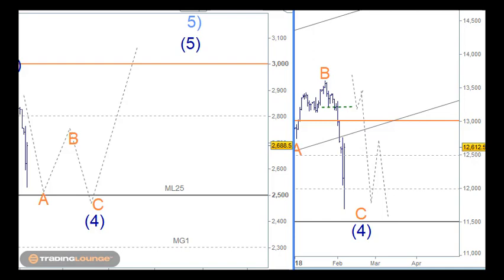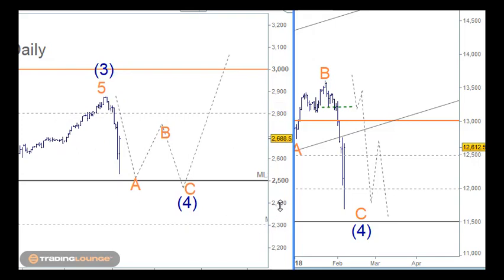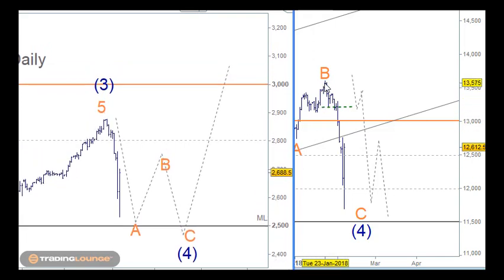If you could just bear with me a second, if I can bring that across here so you can see that. So this move here from the top has started down through here, as it started through here as well.